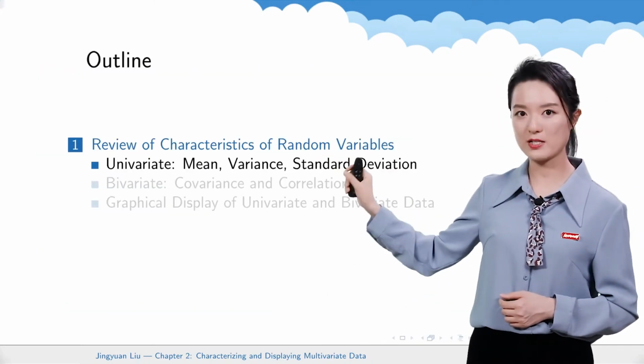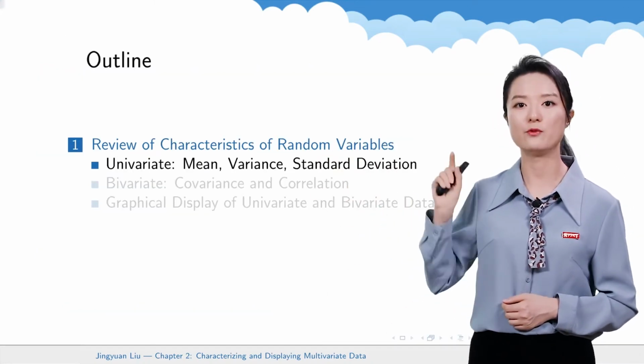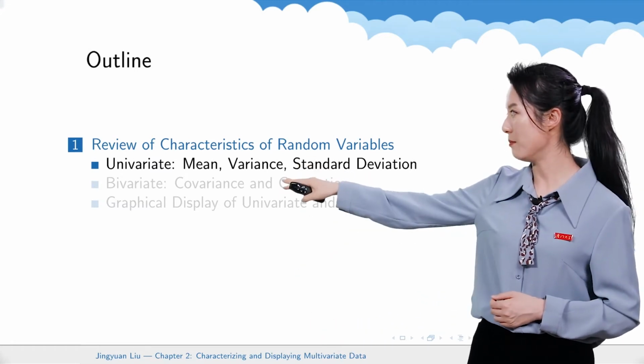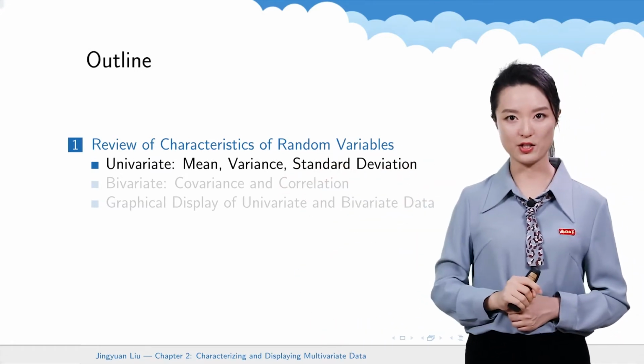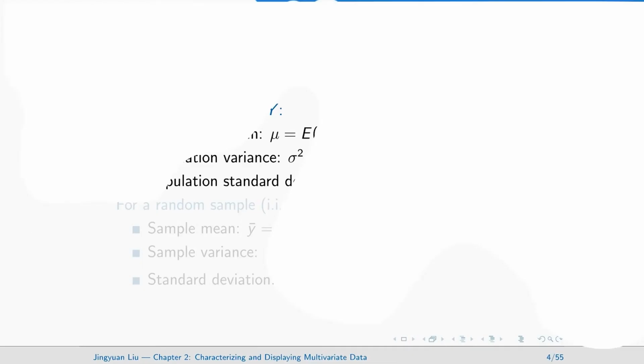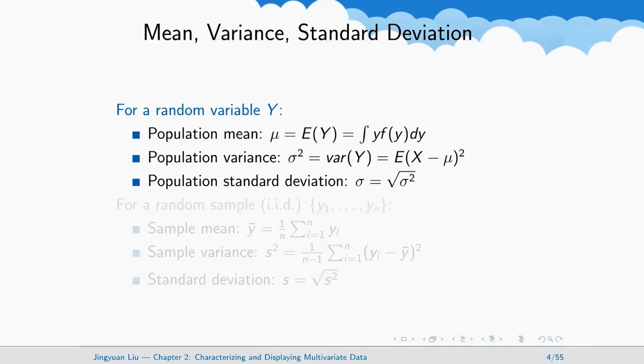Okay, so now let's first review the characteristics of random variables, including the mean, variance, and standard deviation. Let's start from the random variables. Here I use capital letter Y to denote the random variable. And for any random variable, as we already learned in mathematical statistics, we can define its mean or say expectation.